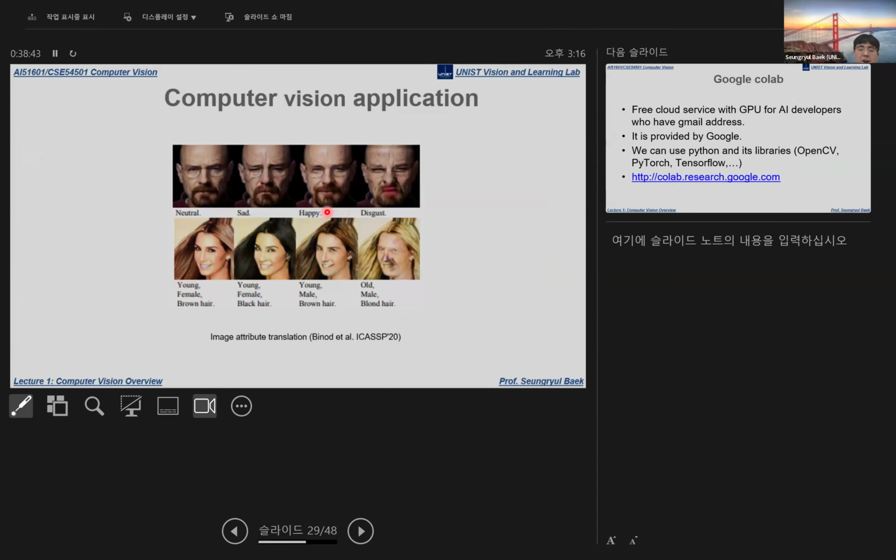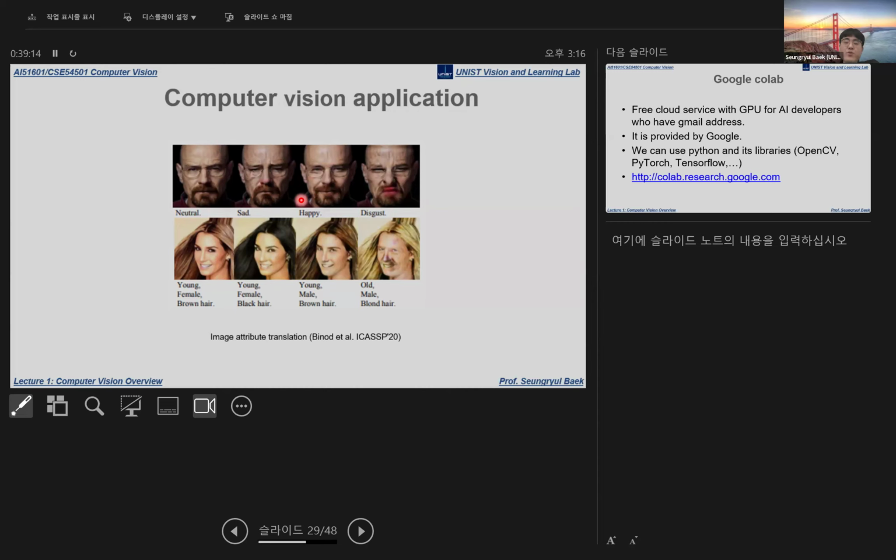Nowadays, AI can also generate images. This is the original image given, a human face with a neutral expression, but AI can be trained to generate new images with slightly different expressions: a sad person, a happy person, and disgust expressions.